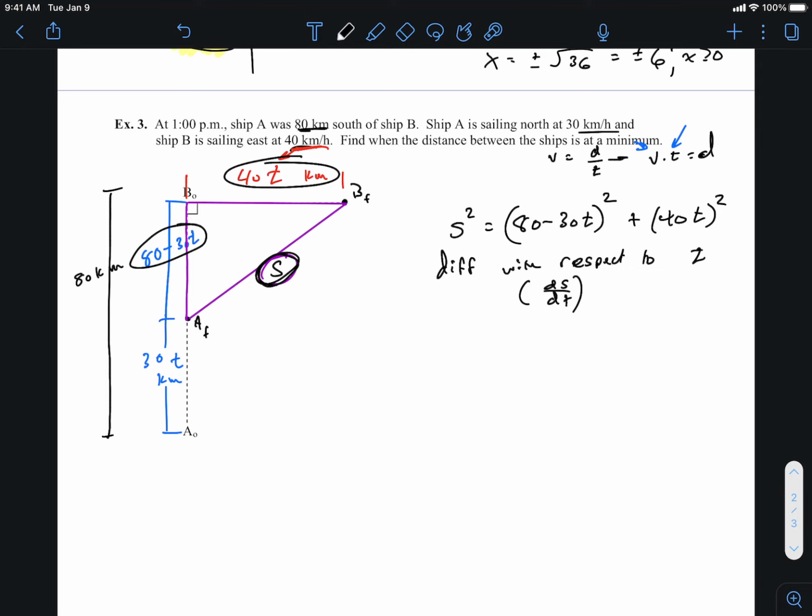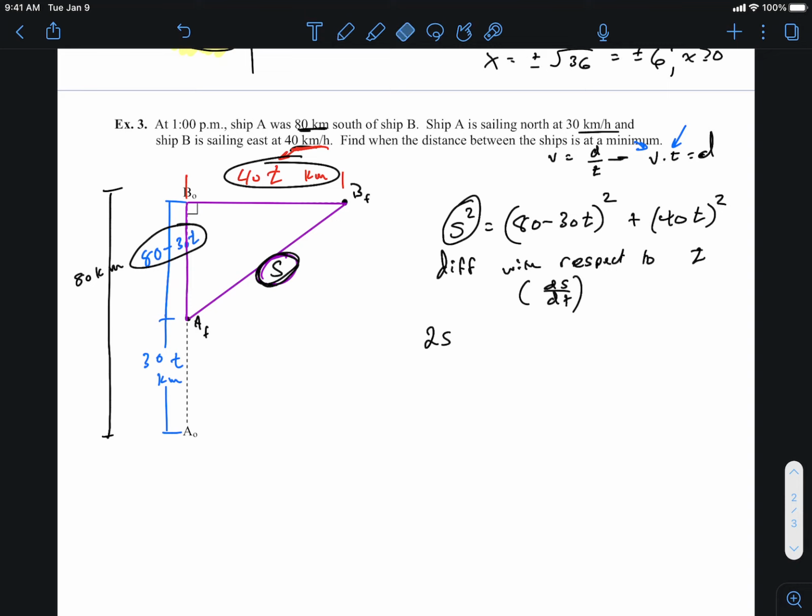Okay, so we're going to derive S with respect to t. So I'm going to get 2S, right? But then, there is no t here. We saw this earlier last week, and we're going to do more of this week. I've derived S with respect to t, but there is no t.